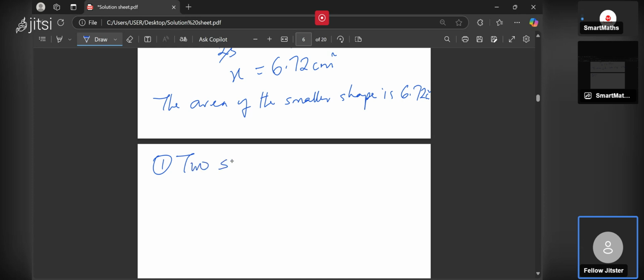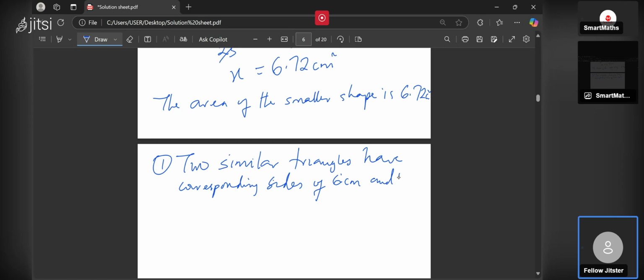This is the question: two similar triangles have corresponding sides of 6 centimeters and 10 centimeters.